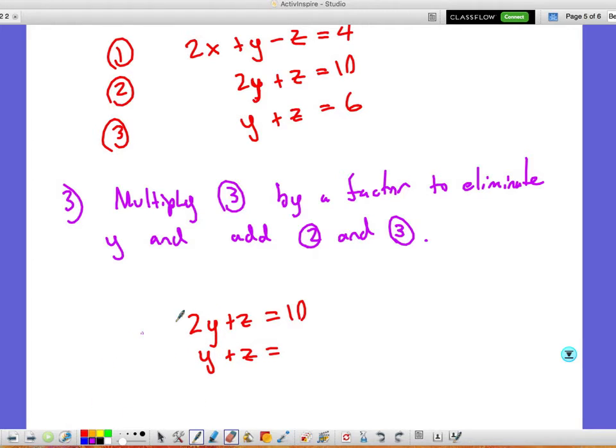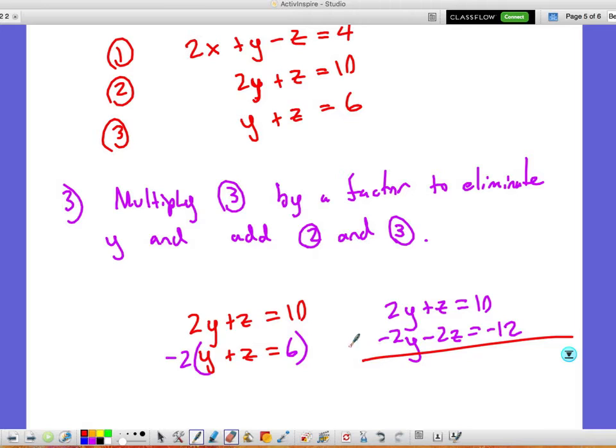So because we already have experience doing this, I know that I'm going to multiply by -2. But remember, I have to multiply the whole equation by -2. So again, let me rewrite everything. 2y plus z equals 10. And now I'm going to have -2y minus 2z is equal to -12.